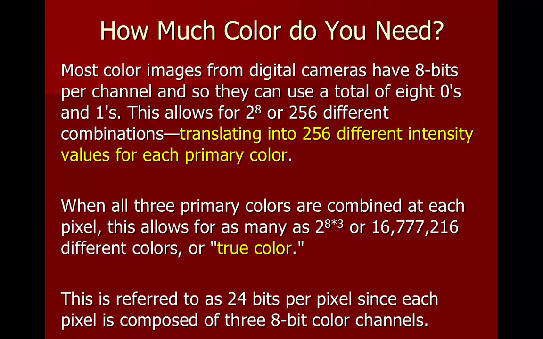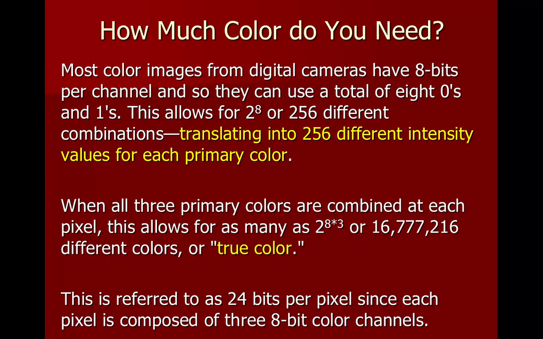Well, most digital cameras today are set up to do 8 bits per channel, or 1 byte. So there's a total of 8 zeros and ones, and this would allow for 2 to the 8th, or 256, different combinations. So the thing you need to remember here is that each of those 256 values from 0 to 255 translates into some different intensity of that particular color.